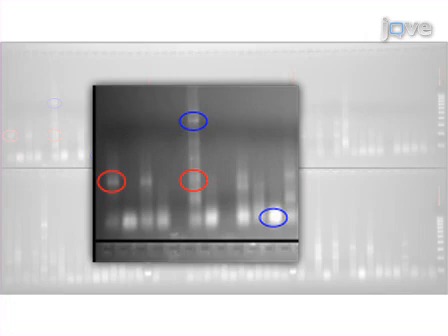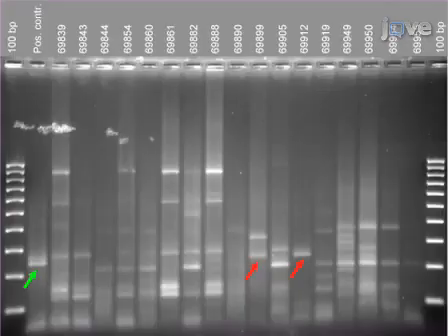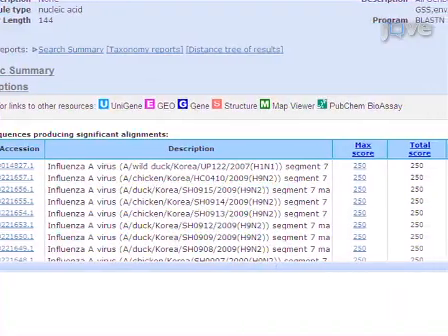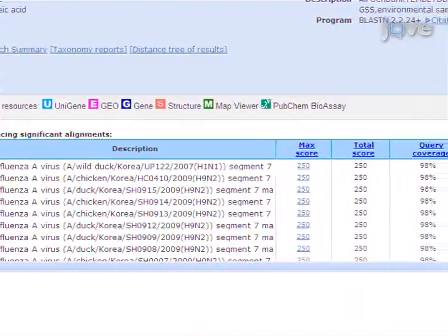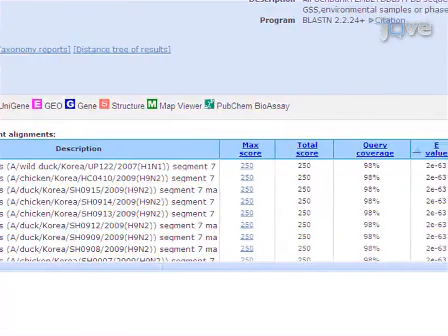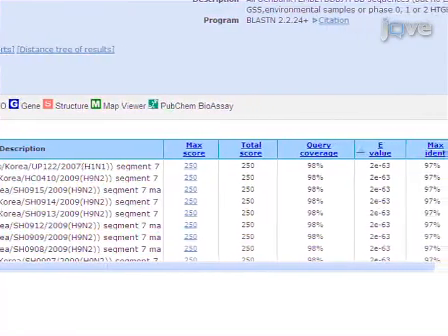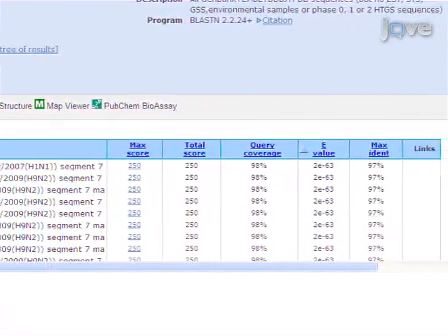Blue circles indicate an unspecific amplicon or a primer-dimer artifact below 100 base pairs in size. The samples indicated by red arrows were isolated and sequenced. The green arrow indicates the positive control. The samples chosen were confirmed to be AIV positive by comparing their cDNA sequences to the NCBI nucleotide database.